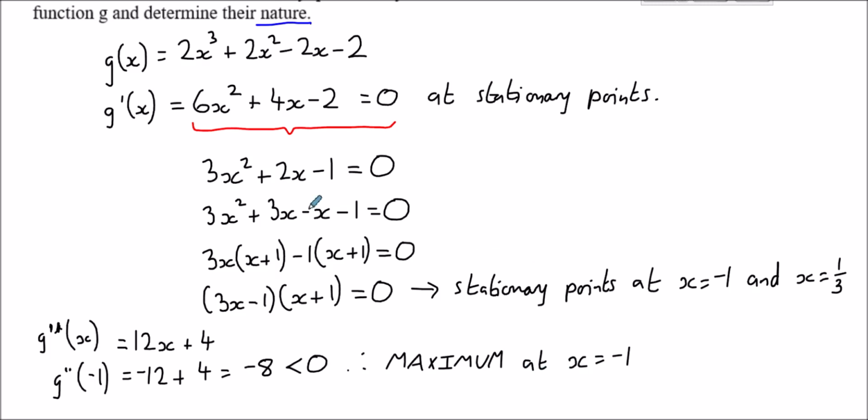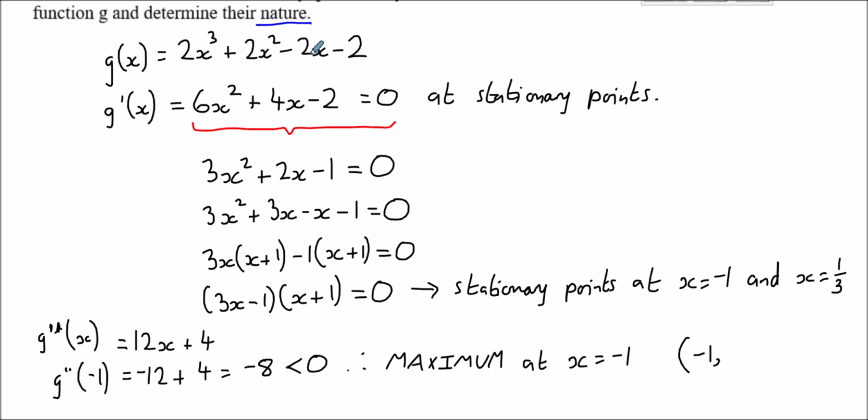Now, if it wanted the coordinates of this, we could just input minus 1 into the function g of x. And so when x is minus 1, 2x cubed would be minus 2. This here would be plus 2. So minus 2 plus 2 gives us 0.